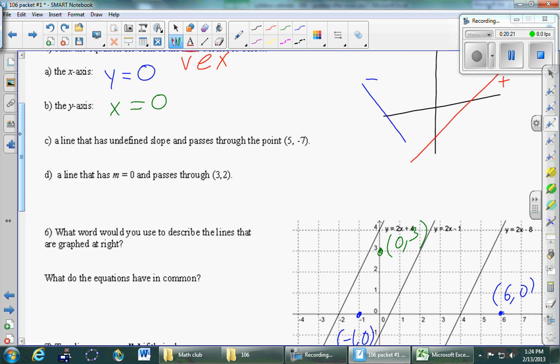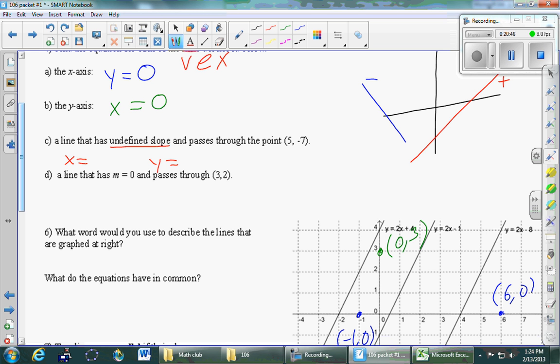Let's try part C. We're trying to find an equation of the line that has undefined slope and passes through the point 5, -7. The first clue here, we've got to be detectives, is undefined slope. Right there, it tells you it's either x equals or y equals. You need to make that leap on your own. You got the big picture ideas at the top of this page.